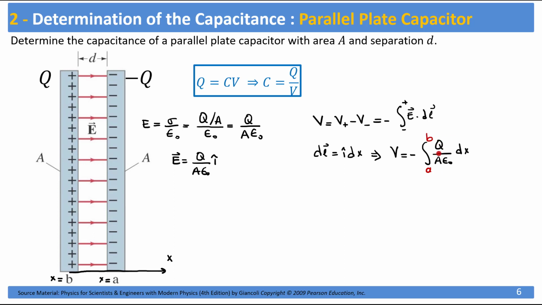Now these are all constants. We can take them out, which will give us the voltage to be minus Q over A epsilon 0. Inside the integral, the only thing left is dx, and the integral of dx will be just x with the limits going from a to b, which is minus Q over A epsilon 0 times b minus a, and b minus a will be just minus d.